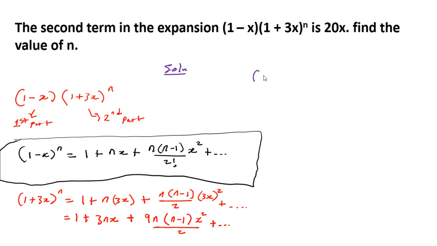The first part is (1 minus x), and the second part, which we have already expanded, is 1 plus 3nx plus 9n(n minus 1)x squared over 2, plus dot dot dot, in brackets.